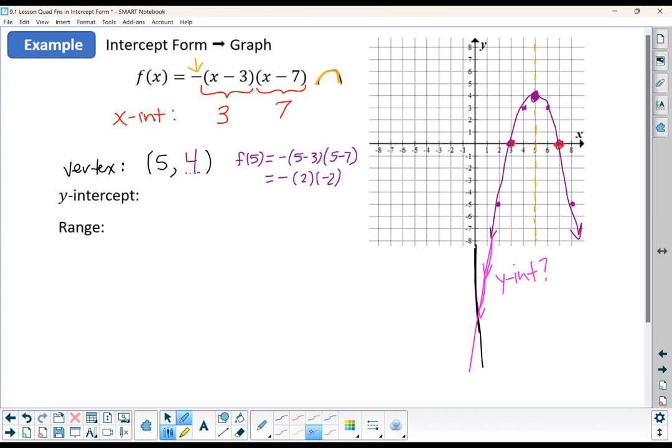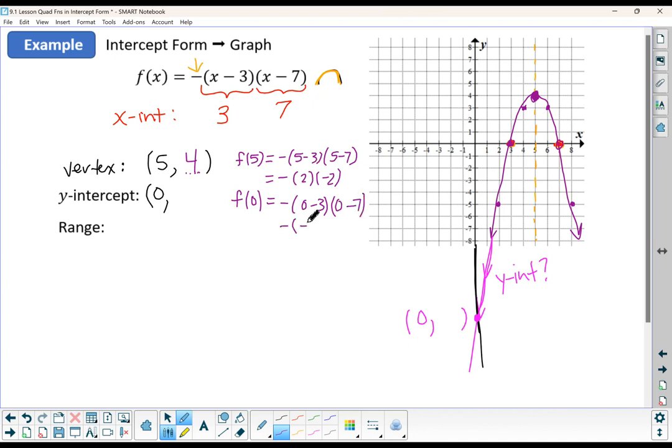So if you think about the y-intercept, the x value of the y-intercept is always 0. So I can use exactly the same idea that I just used with the vertex. I know that x value is 0, so I just need to calculate the y value by subbing in 0 for x. So we have negative quantity 0 minus 3, 0 minus 7, and we need to multiply that all together.